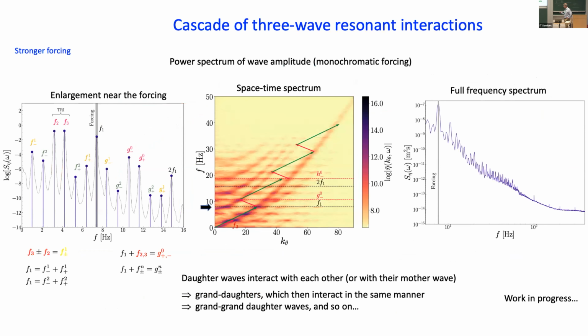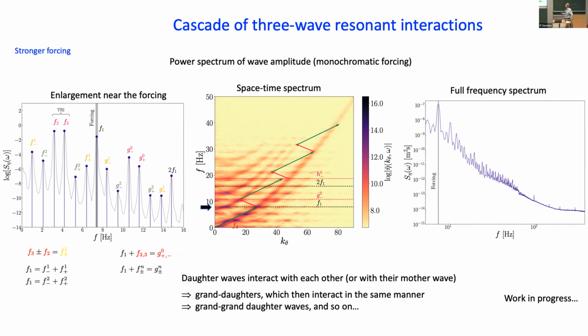Okay, and now, if you force the system strongly, and you look at the spectrum, you see that you have a discrete set of peaks. If you enlarge near the forcing peak, you see the mother wave here, the daughter waves generated by the triadic resonant instability, but also these daughter waves that will interact with each other.